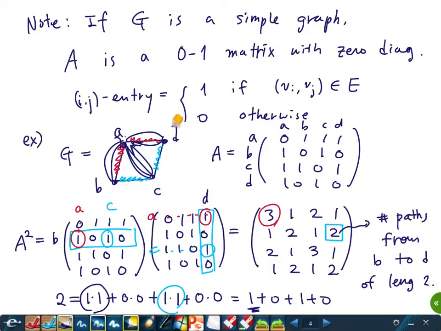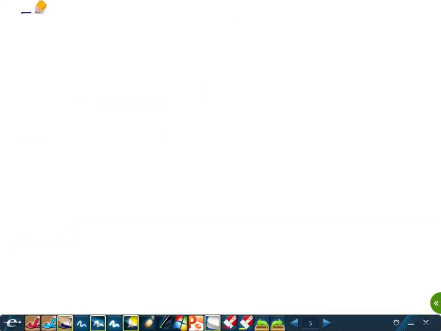There are 3 ways of going from A to A by visiting one vertex. Does this make sense? Let me summarize this as a theorem. So we can state the theorem as follows. G is a graph.